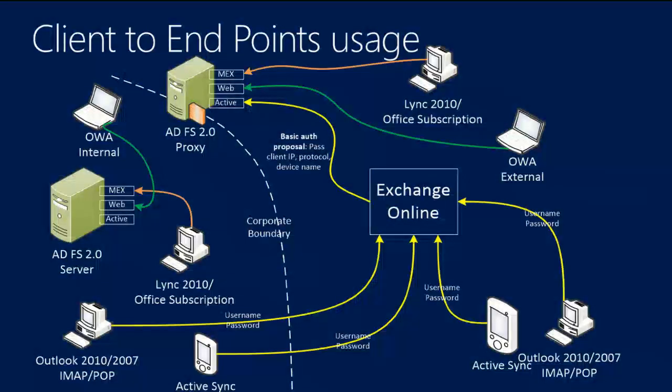So it'll say, this was an auto-discover, this was RPC over HTTP, it was active sync, it was EWS, the endpoint that the client hit on the Exchange server. And then finally it gives us the device string. The device string in this case is something like Outlook or Internet Explorer or an iPhone or a Windows phone doing active sync, whatever it happened to be. That information is important, and I'll explain why in a few slides.